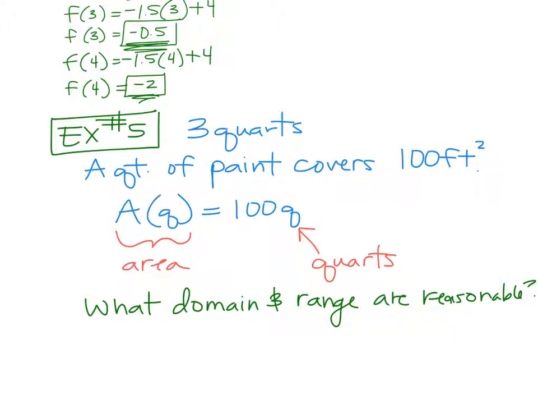What's representing my X right now? Is it A or Q? Q would be like our X, right? So that's my domain, okay? So what they're saying is, what's a reasonable domain? What's a reasonable set of numbers? Like, what's the lowest number of quarts?